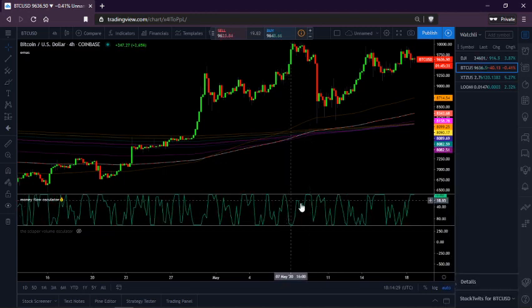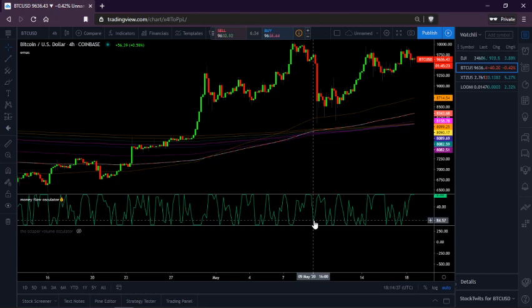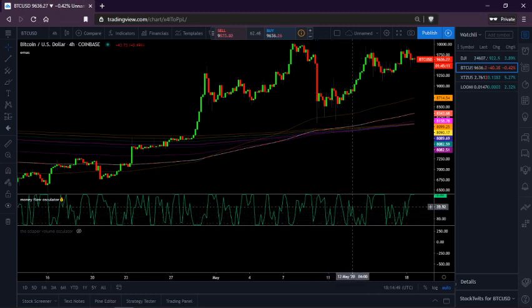This right here would be a buy because that would be money going into the market, and then money leaving the market, money coming into the market, and so forth as you go through the oscillator.